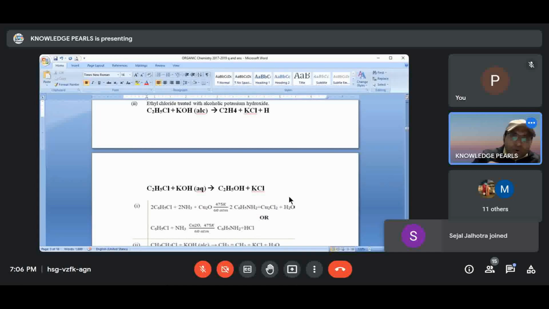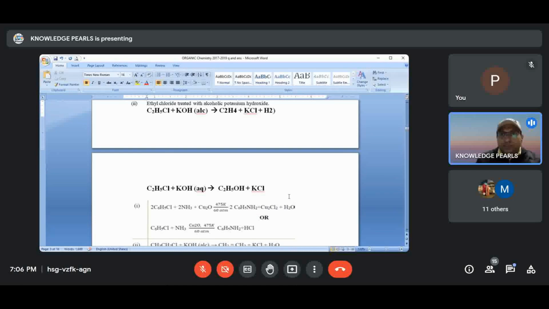this RO negative will abstract the proton. It has more tendency to abstract. So instead of substitution, elimination takes place. This is the point. The questions we have asked in the pre-board also, like why this happens. So this is due to the alcoholic nature, RO negative. You know, ROH is a weak acid, alcohol, and as per conjugate acid base theory, RO negative will be a conjugate base.